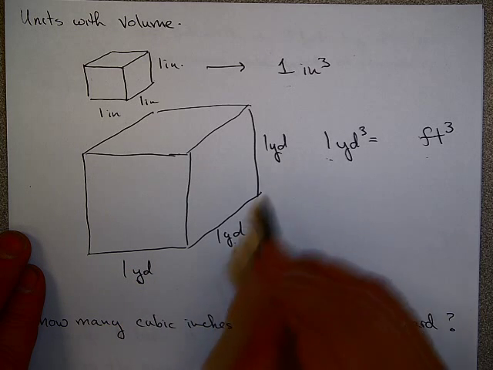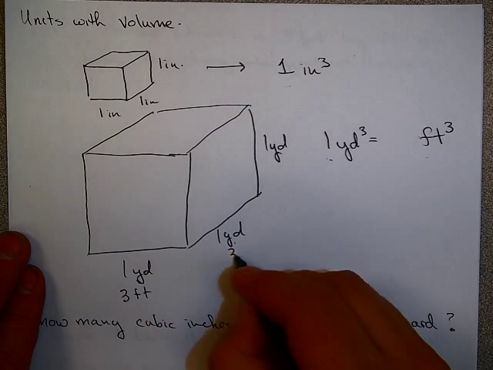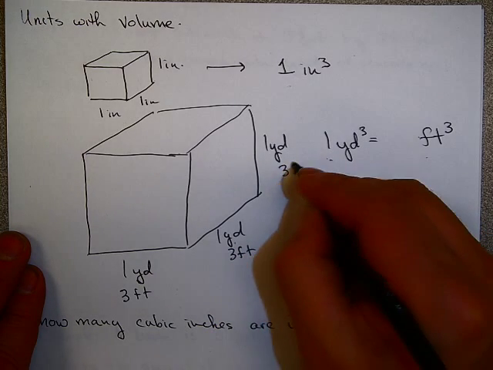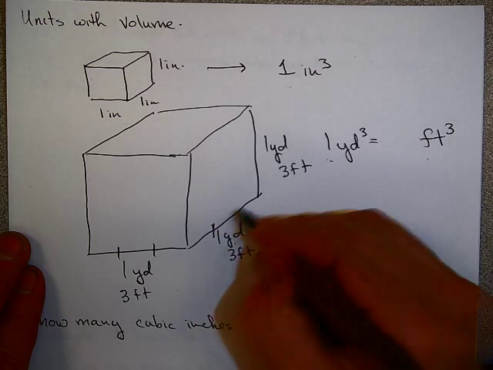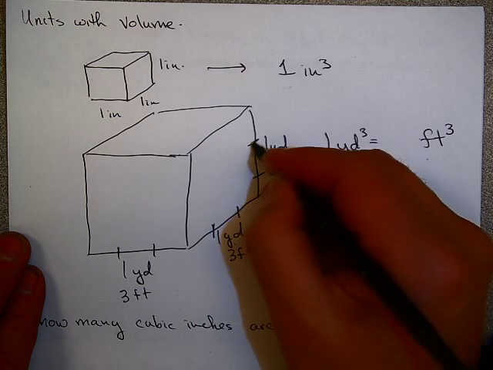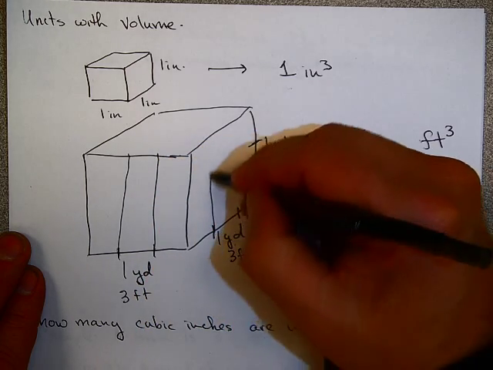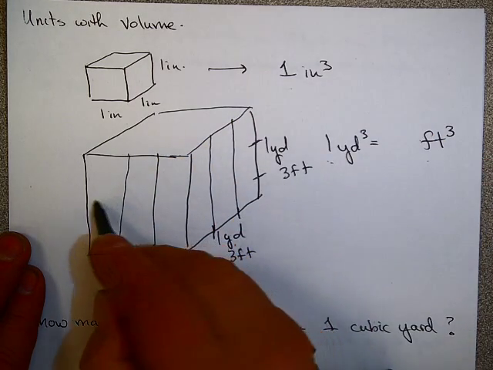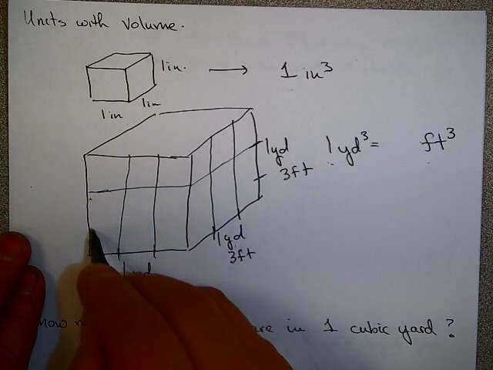Let's start again with 1 cubic yard. We know that 1 yard is 3 feet. So if I drew this picture here of a cubic yard, I can divide each side up into 1, 2, 3 feet. I would have a picture that sort of looks like a Rubik's Cube.